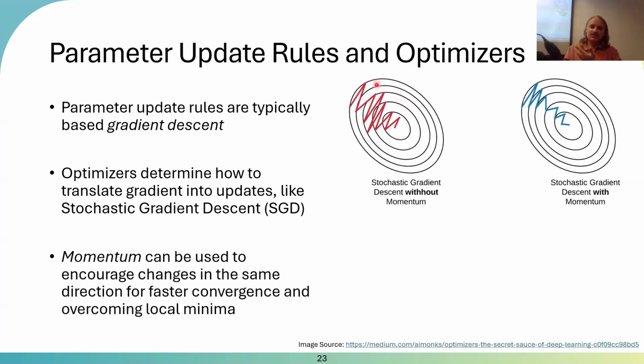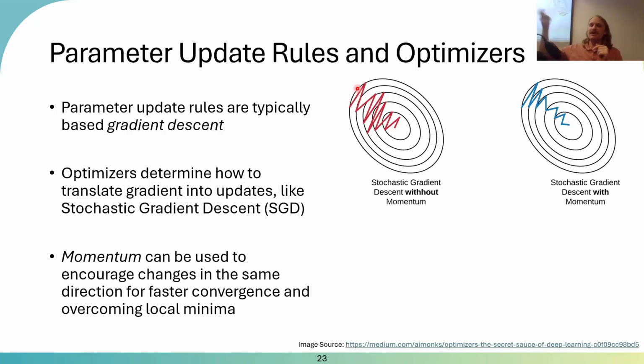You can think of it as some degree of acceleration: if a certain component shows up consistently in the direction of your gradient, then you want future updates to prioritize that component more than the ones that are changing very rapidly.